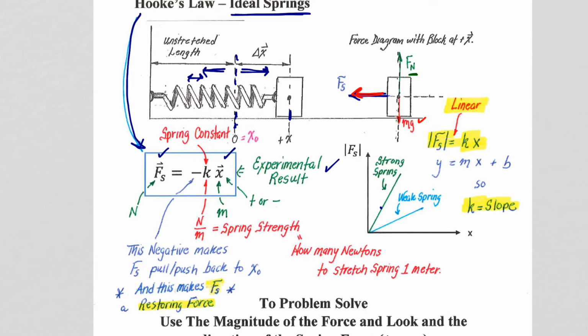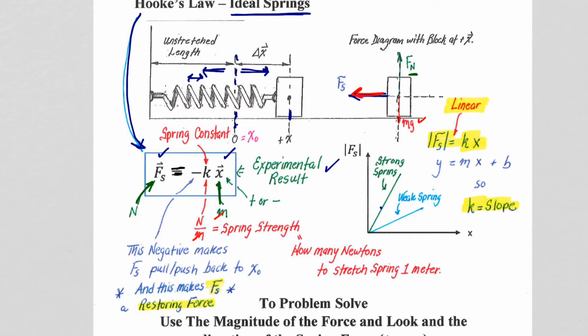And the k in this equation is called the spring constant. And if we look at the units in this equation, the force is in newtons. x, of course, is in meters. So to make this equality work, that means k has to have units of newtons divided by meters. So the meters cancels out and we're left with newtons.